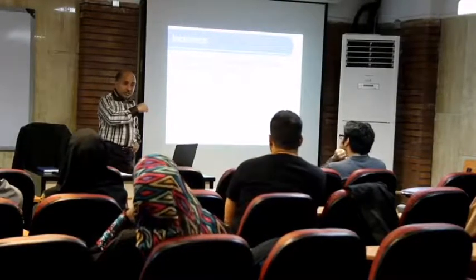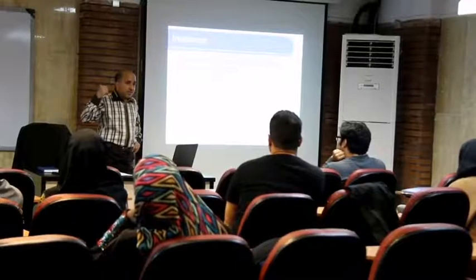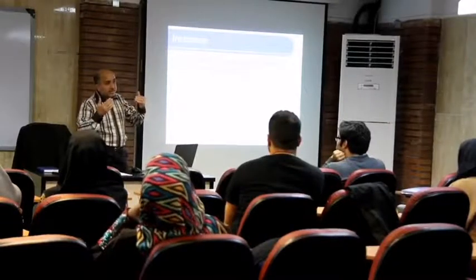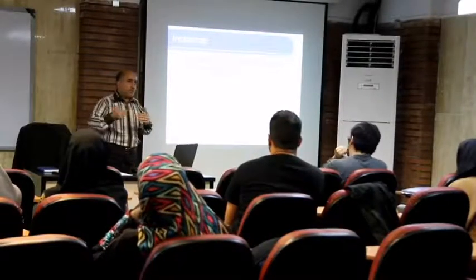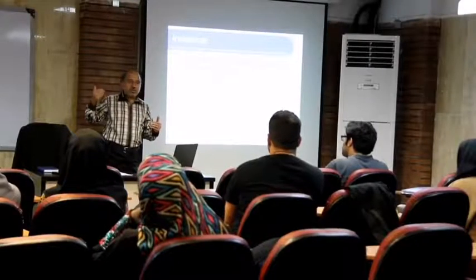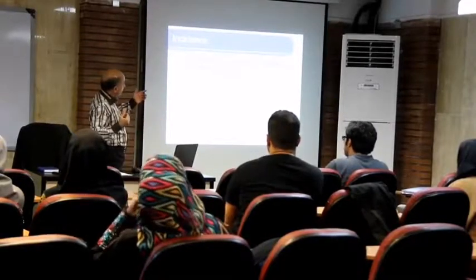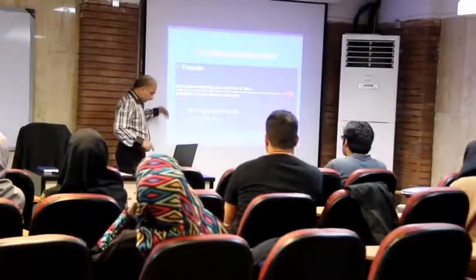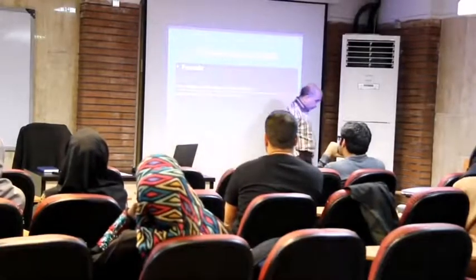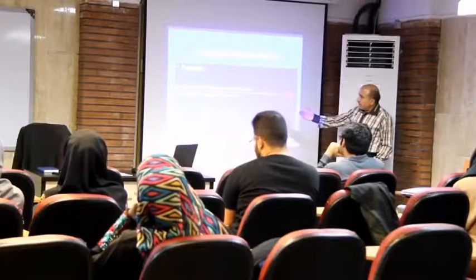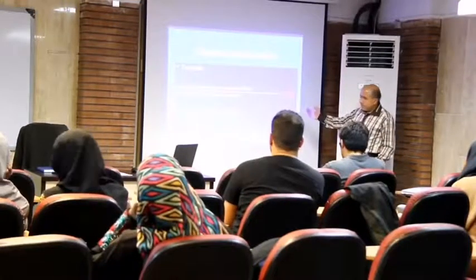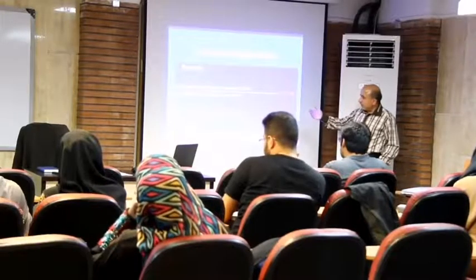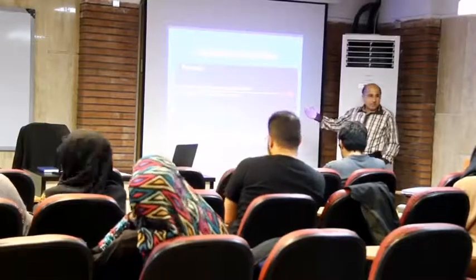Another difference: in prevalence, we discuss new cases and existing cases, maybe previous, older cases, of disease that develop over time. And here we have the formula. The numerator is new cases occurring over a period of time, and the denominator is the population at risk during the same time.